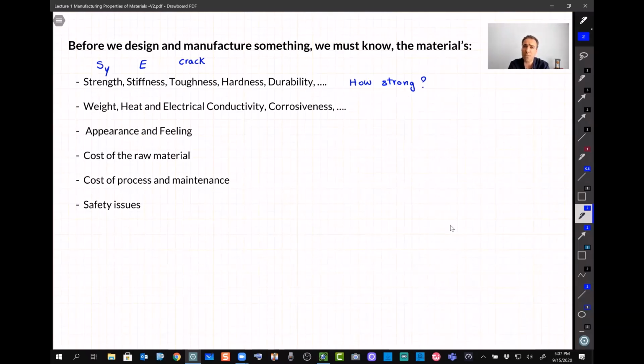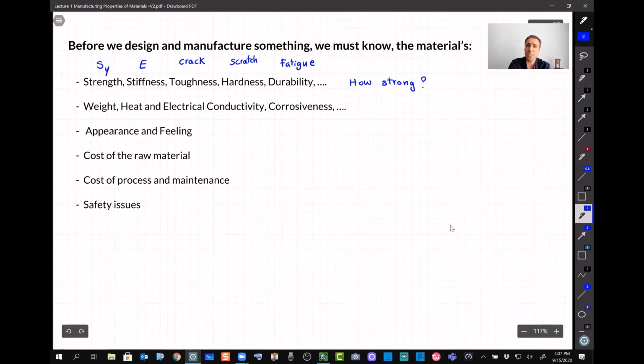And when we talk about hardness, how strong it is when it is under, let's say, scratch or indentation. And durability, if you're using it for a long time, or if it is under cyclic load, like a gear or a cam, can it stand the fatigue life?